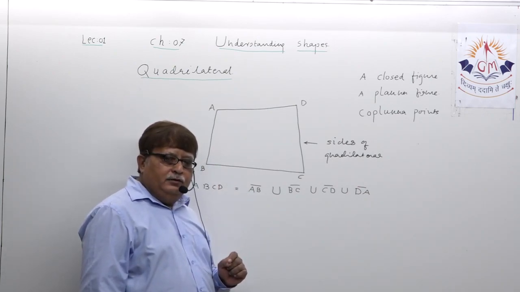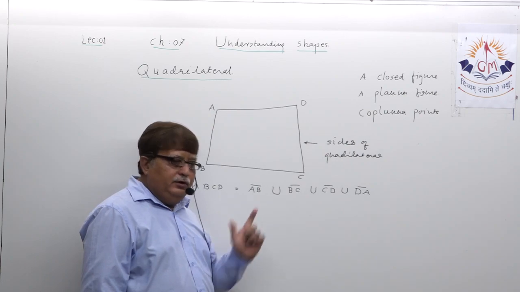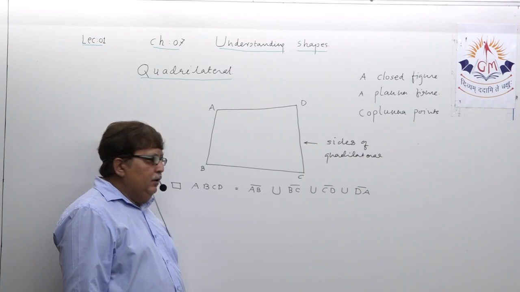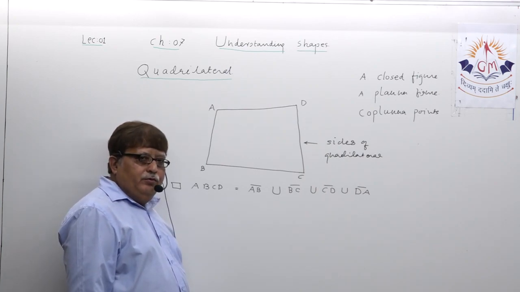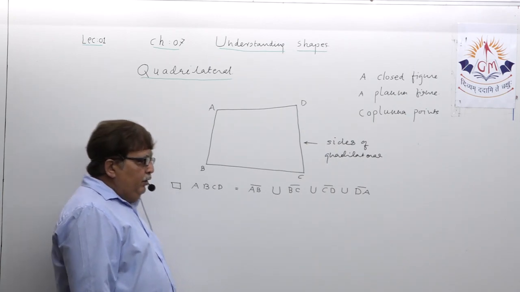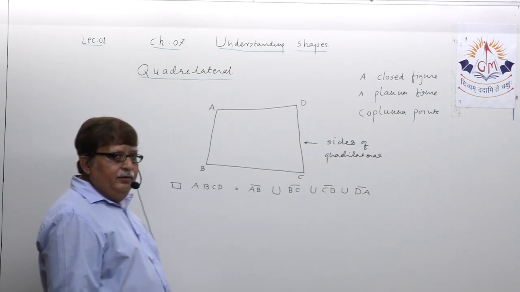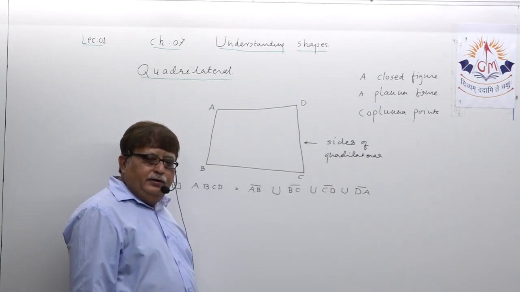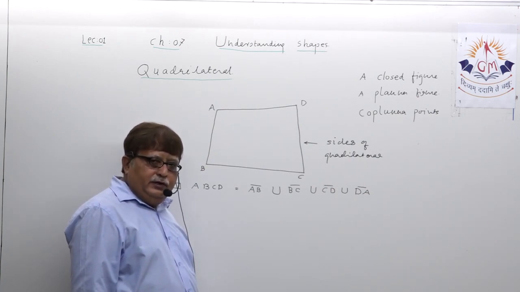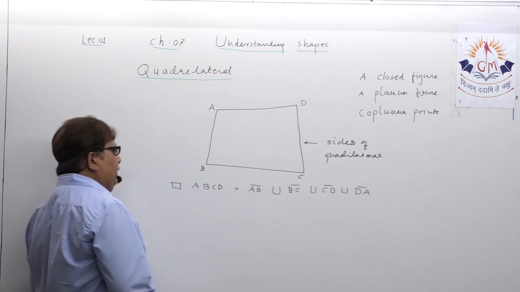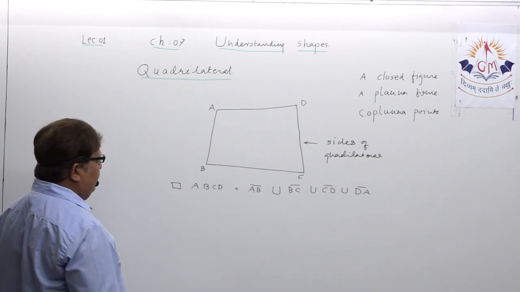Those four line segments which are making the quadrilateral are called sides of quadrilateral ABCD. Understand? When you name any quadrilateral, obviously we know that quadrilateral is formed by four sides. But dear student, make one thing very clear regarding quadrilateral.